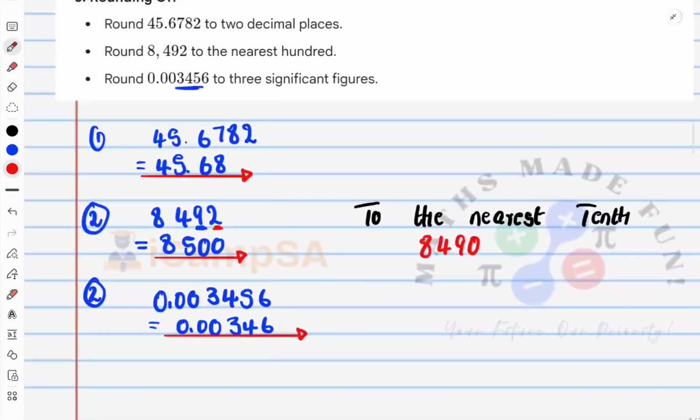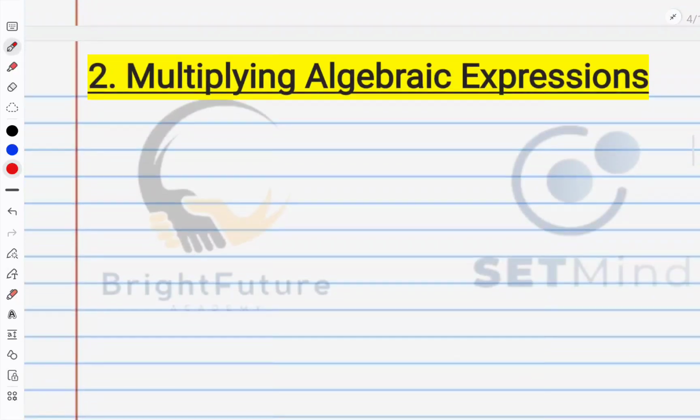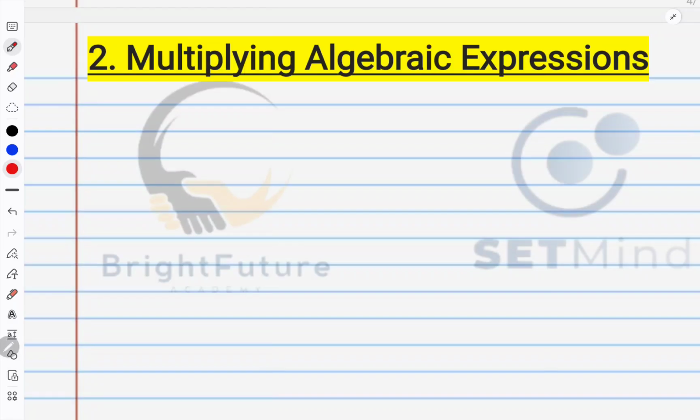And up next, we're going to be dealing with multiplying algebraic expressions. Maybe what we should have touched on is that an expression can be written as x plus 2 plus x squared. This is an expression.